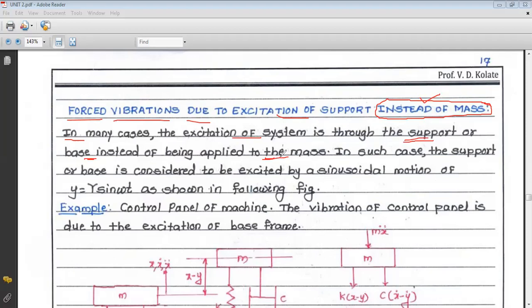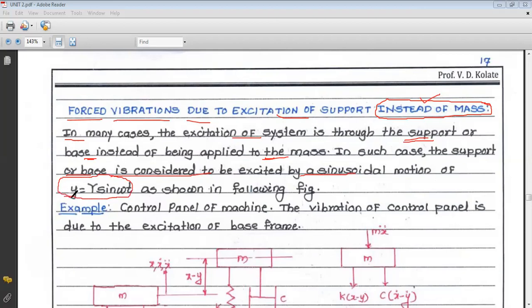In such cases, the support or base is to be considered as excited by a sinusoidal motion of y equals capital Y sine of omega t.